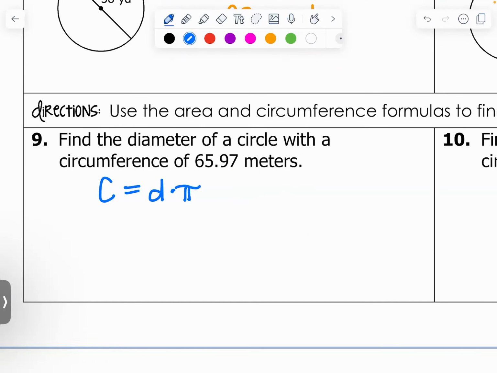So our circumference is 65.97, and we don't know what our diameter is. So how do we find our diameter? Okay, we're going to need to divide by pi. So in your calculator, I want you to take 65.97 and divide it by pi.